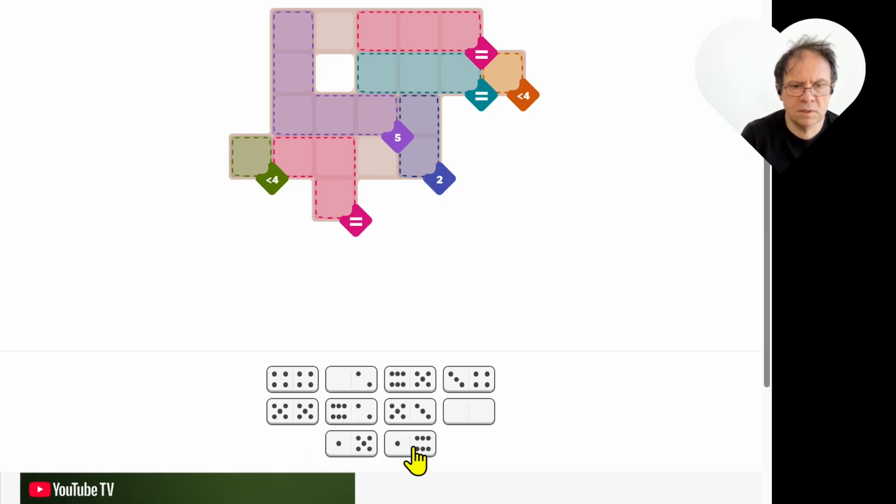It's only 2 1s. It can't be 1 1 up and down, so it'd have to be 1 1 left and right, but this is out of the question. And so this is out of the question. So this is not a 1 1. So this is a 0 2 kind of situation.